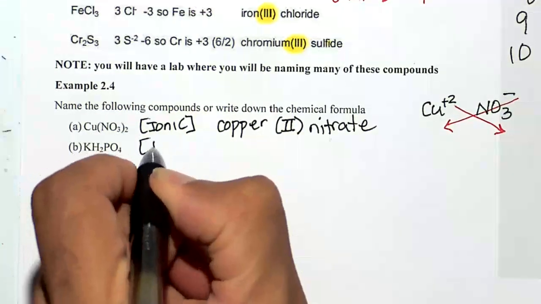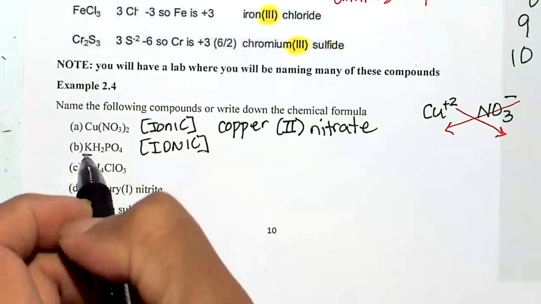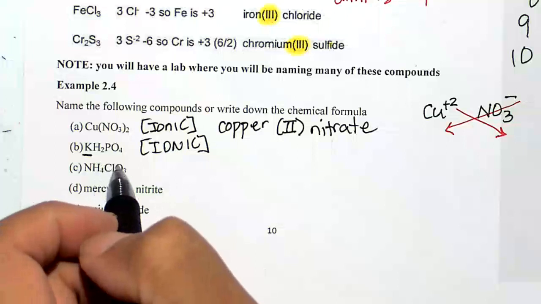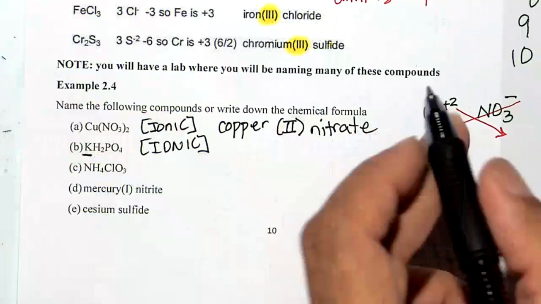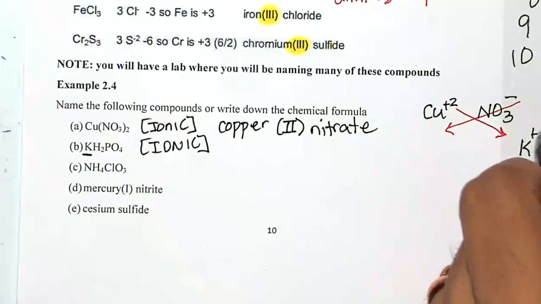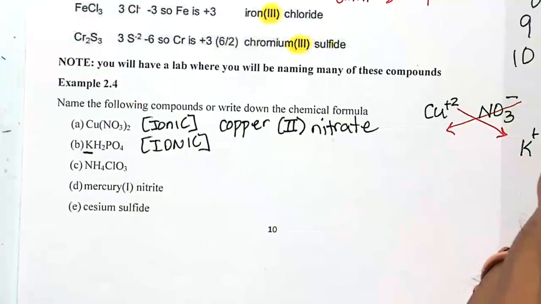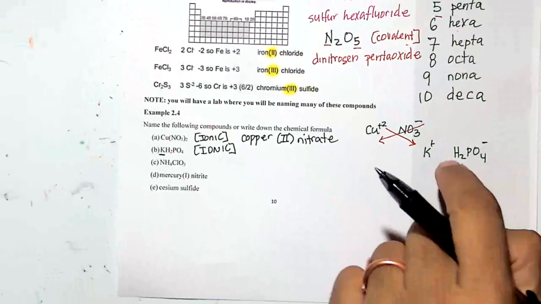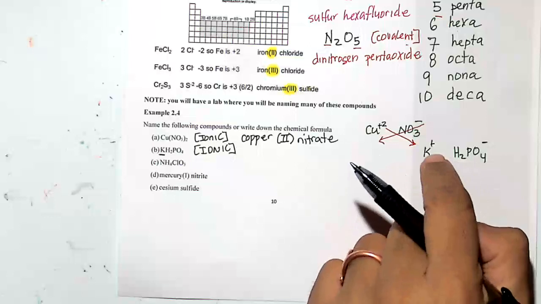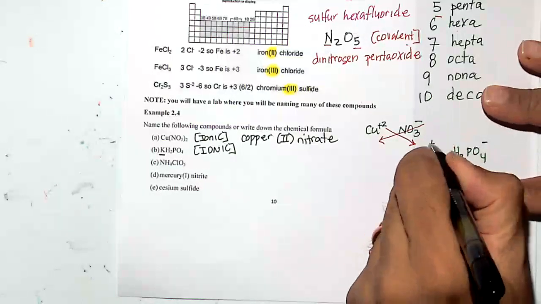All right, how about this one? Is it ionic or covalent? That K is a metal. The H2PO4 is all nonmetals. What would this be called? We have K plus. Anybody remember this from their flashcards? So this is potassium. What's this in our flashcards?